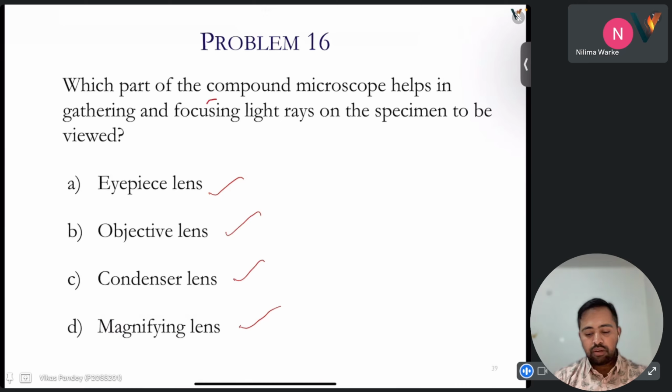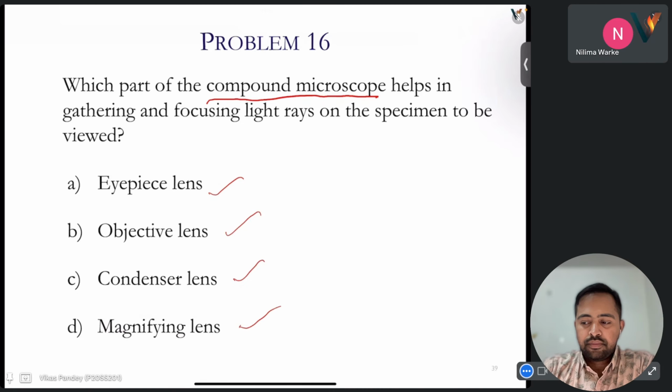And this we are talking about for the compound microscope. Any answers? Any guesses?